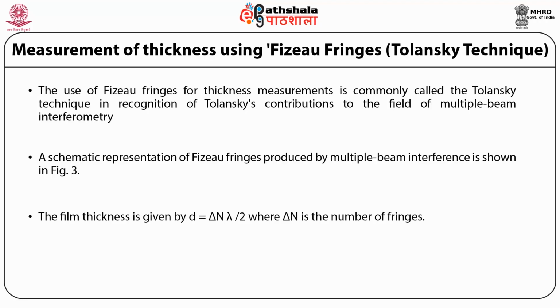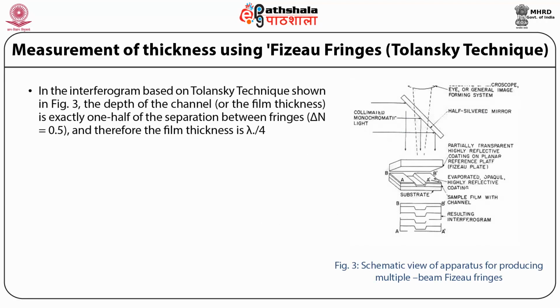The film thickness is given by D equals Δn times λ/2, where Δn is the number of fringes. In the interferogram based on Tolansky technique shown in Figure 3, the depth of the channel or the film thickness is exactly 1/2 of the separation between fringes.